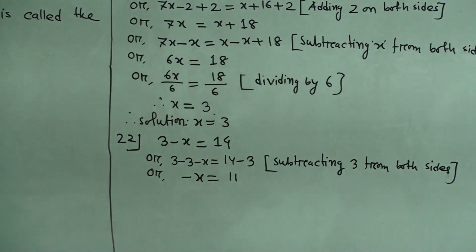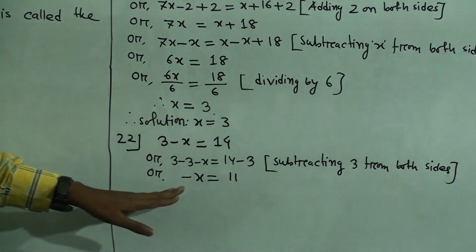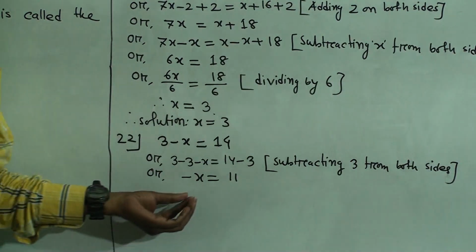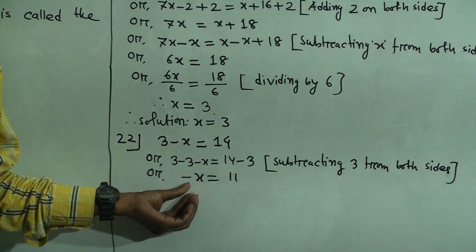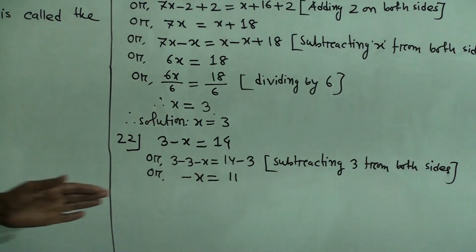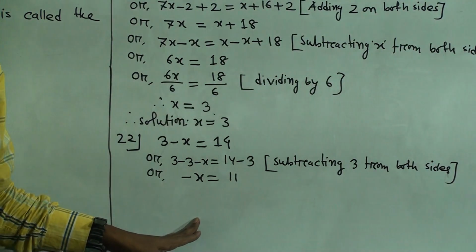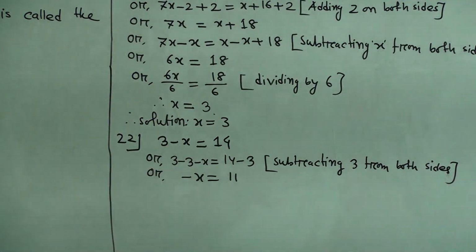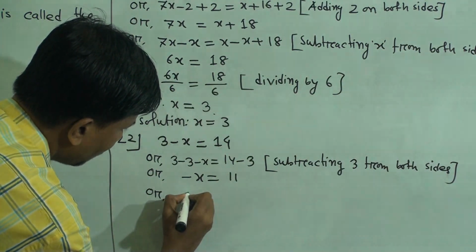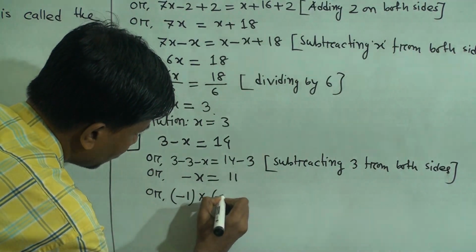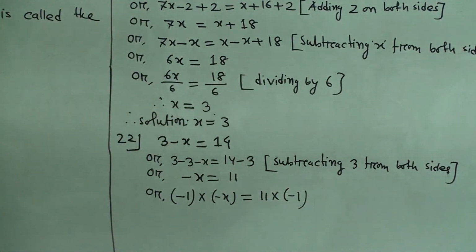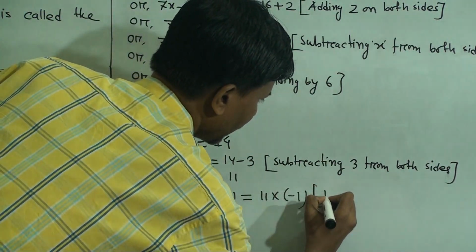11. Now see, minus x equal to 11. But what is our condition? We have to determine the value of x. But here minus 1 is remaining. Then we have to multiply both sides by minus 1. Okay? Multiplying both sides by minus 1, minus 1 into minus x, 11 into minus 1.